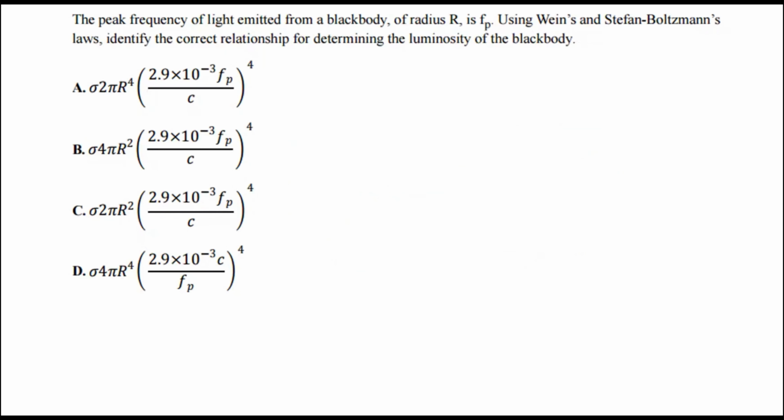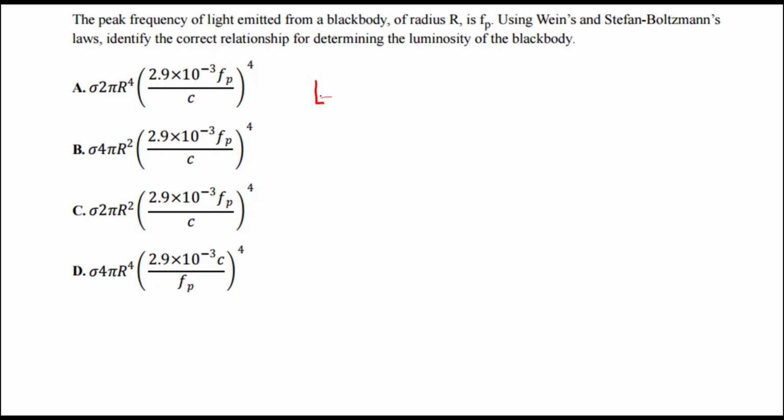Come to the next question. Here we are given that the peak frequency emitted by a black body of radius r is f of p. Using Wien's law and Stefan-Boltzmann's law, we are required to find the luminosity. So let's recollect the laws.